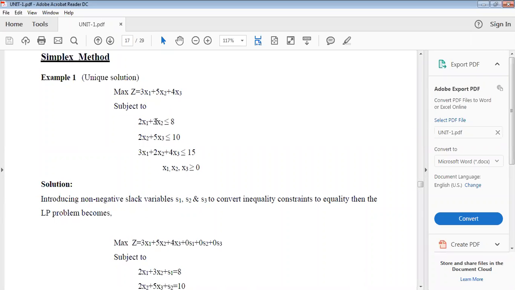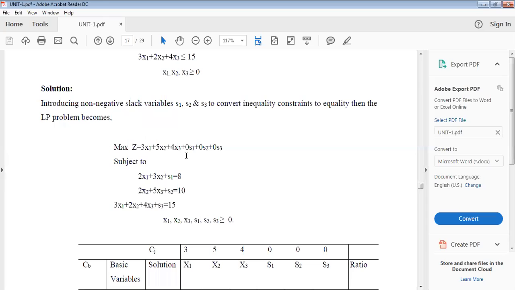So the originality of the objective function should not change, which means Z is equal to 3x1, all these things, and so this is 0S1, 0S2, 0S3.